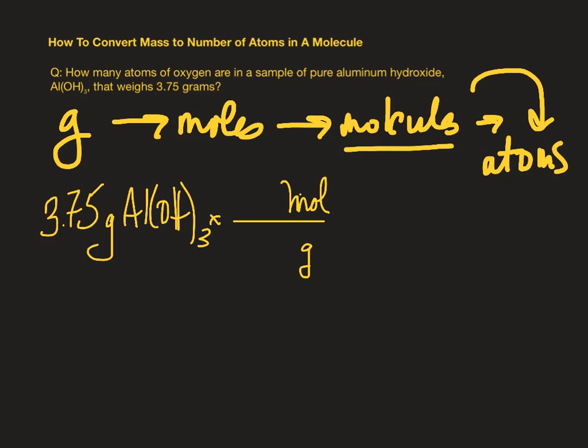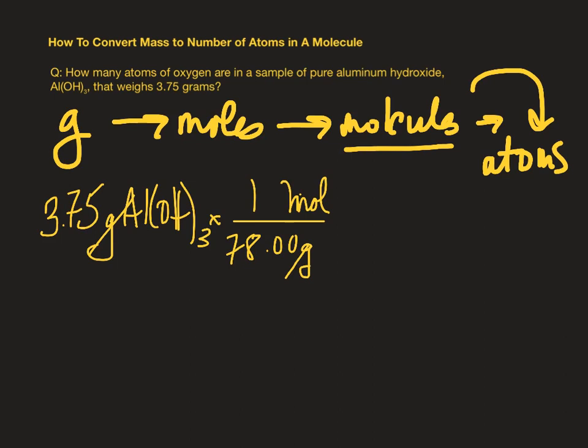If I add up the mass of one aluminum, 3 oxygens, and 3 hydrogens, I end up with a molar mass of 78 exactly grams per mole. Notice how, because the grams are written on the bottom diagonally, they will cancel, leaving me with the moles of aluminum hydroxide.